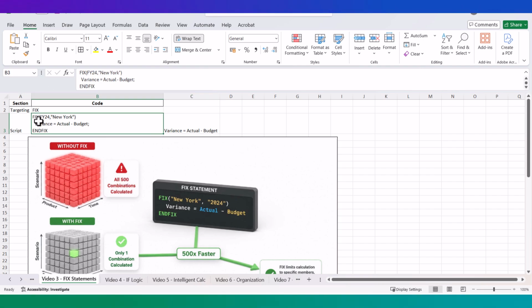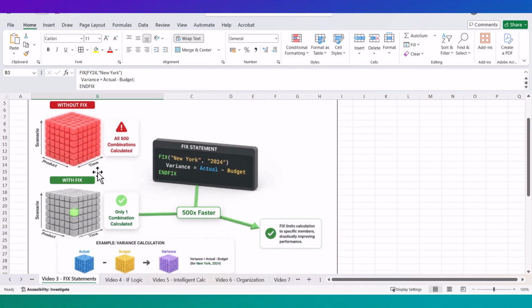As you can see here, FIX of FY24 New York, variance equals actual minus budget, and we are closing with ENDFIX. So what it does is it just pulls data for New York and FY24. It doesn't pull all the data from the database. It pulls only the data specified in the FIX statement, and it applies the variance logic, that is actual minus budget.